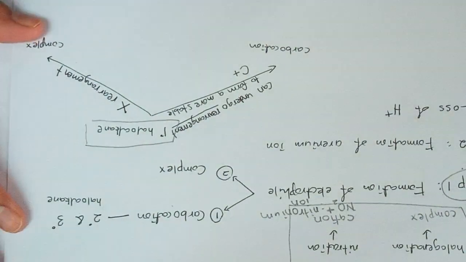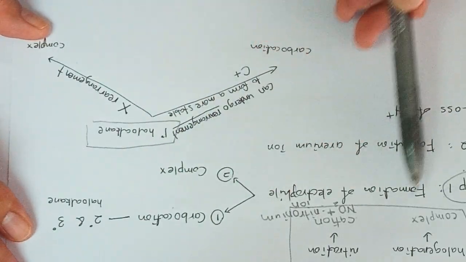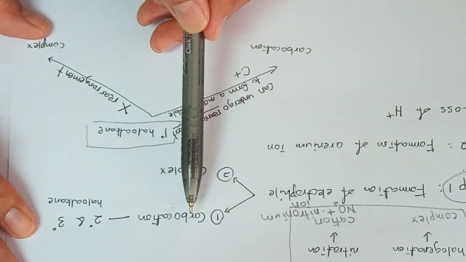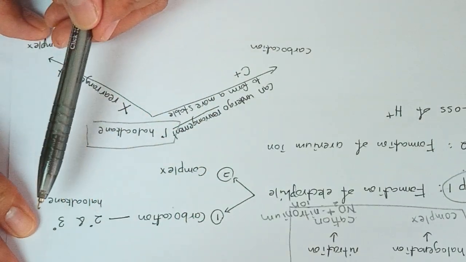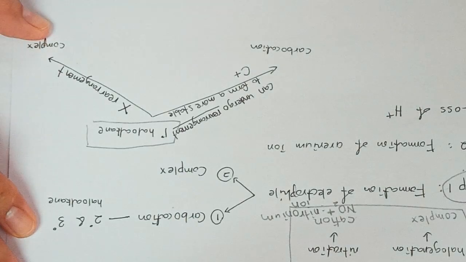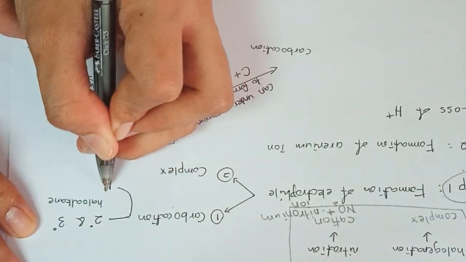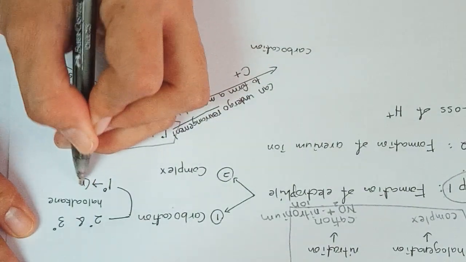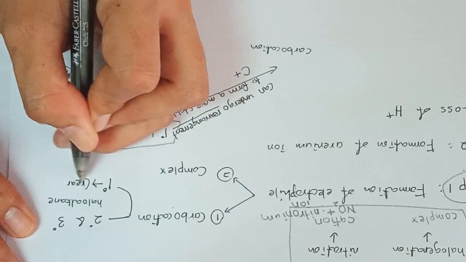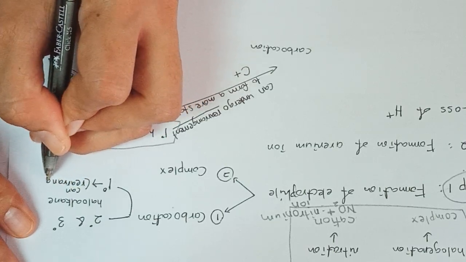Alright? Okay, so as a conclusion, we can say that for step 1, formation of electrophile, we will form carbocation when we have secondary and tertiary haloalkane. And also we will form carbocation if we have a primary haloalkane that can undergo rearrangement. Can rearrange.